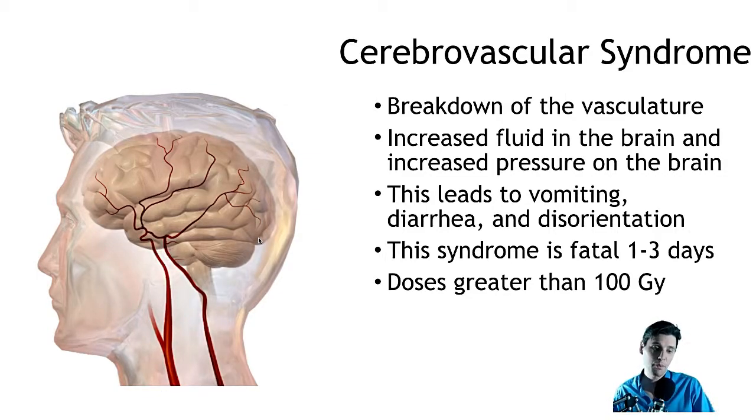And those higher pressures cause, again, similar symptoms: vomiting, diarrhea, disorientation, and loss of the ability to hold your balance. This is fatal within 1 to 3 days. And again, on doses, there have been cases reported down to 80 gray, but typically it's just specified as about 100 gray and higher for the cerebrovascular syndrome.